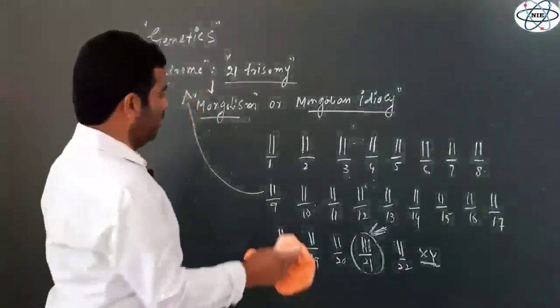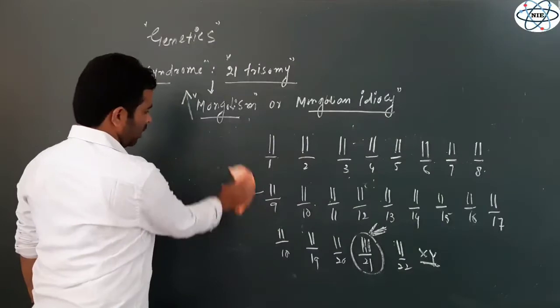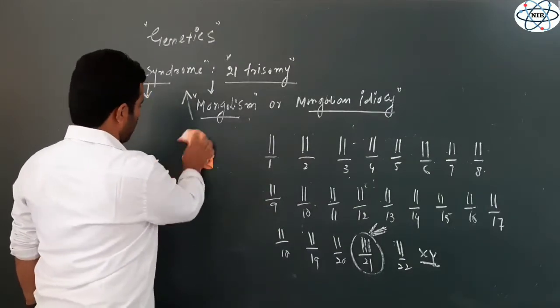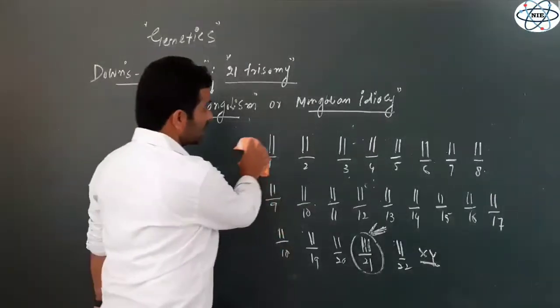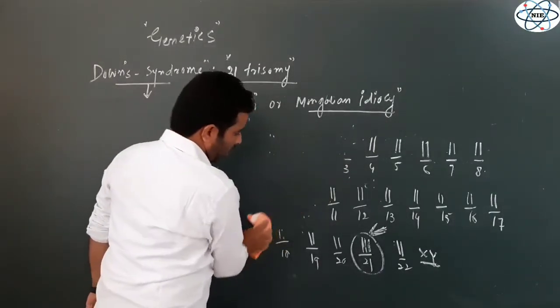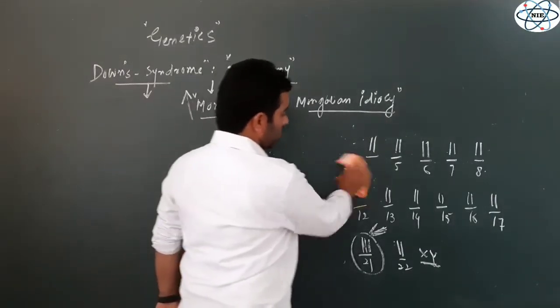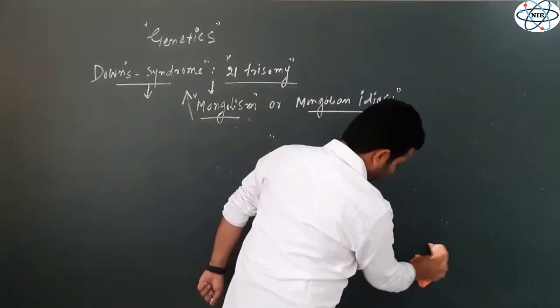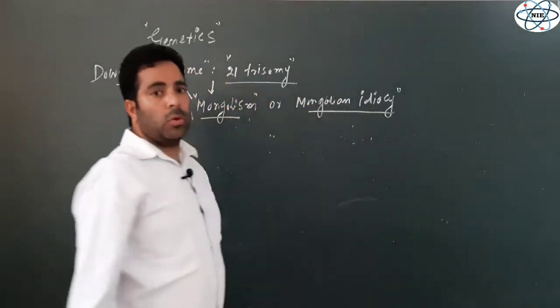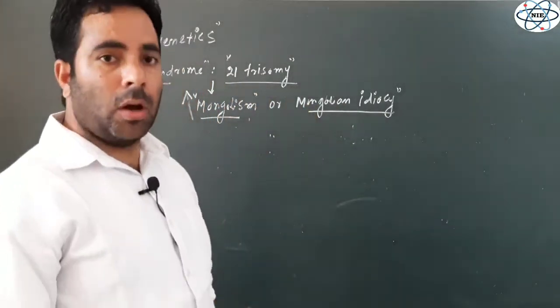Now here again the question is, why this 21? Why is this 21 present 3 times? Why in this individual with Down syndrome are there 3 copies of 21 when all the other chromosomes are present only 2 times?